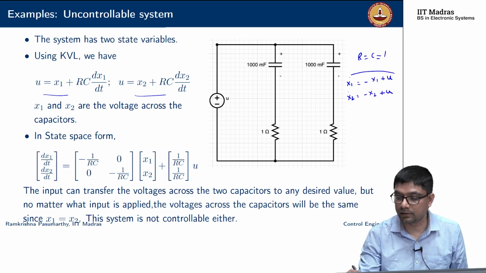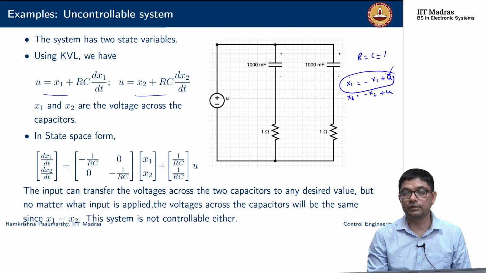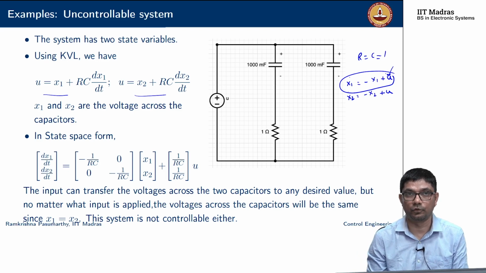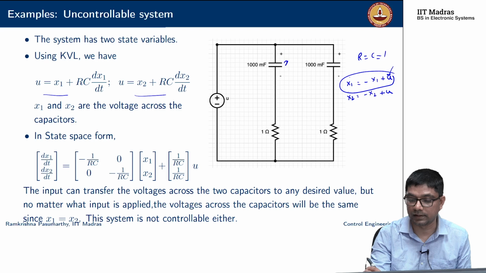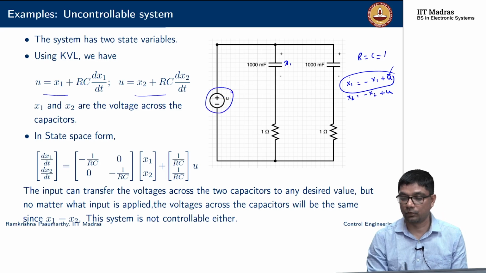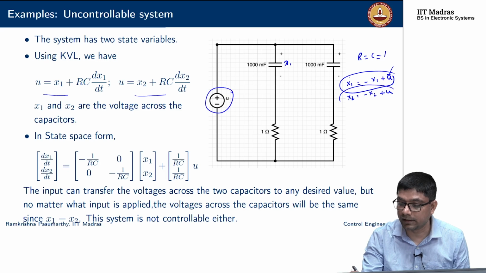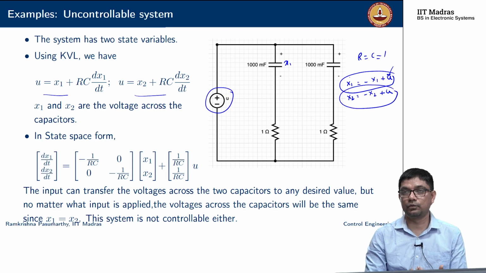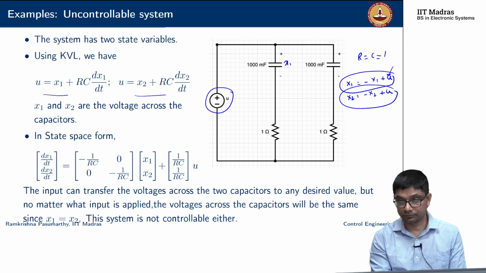If I look at this equation in isolation, I can design a u which will take me, say, from x1 equal to 1 to 100, whatever that number could mean. So this voltage can go from 0 volt to 100 volt, as long as I can buy an appropriate voltage source. If I look at this independently, x2 also can be driven to a voltage of, say, 200.